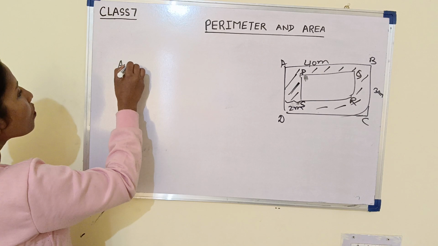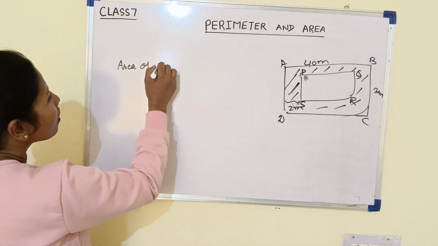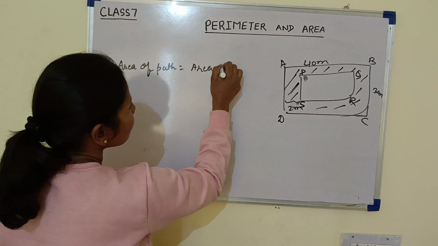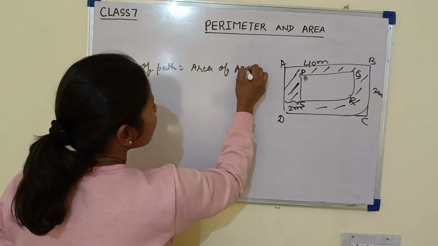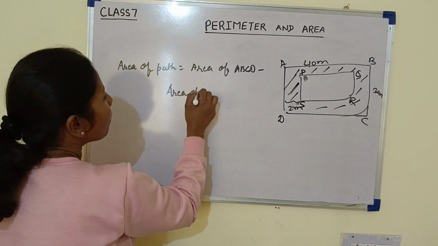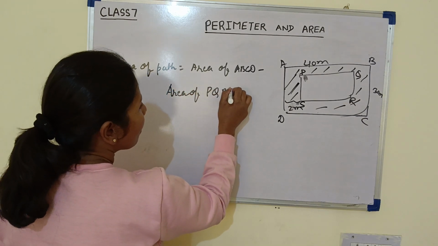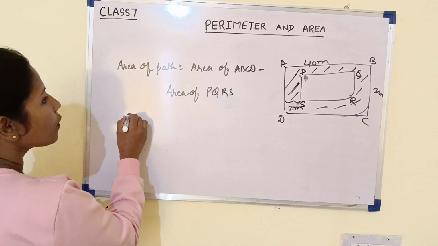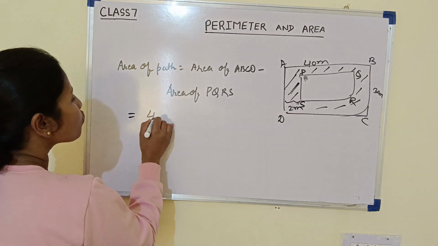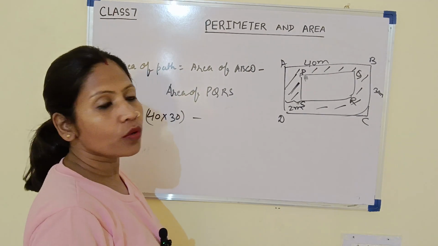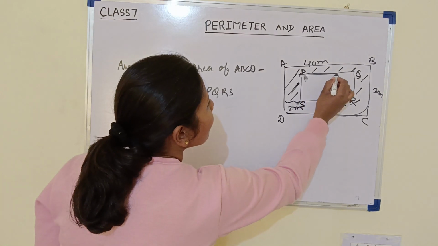So area of path will be area of ABCD minus area of PQRS. Okay. Now area of ABCD is 40 into 30. Now I have to find area of PQRS. We have to find PQ.